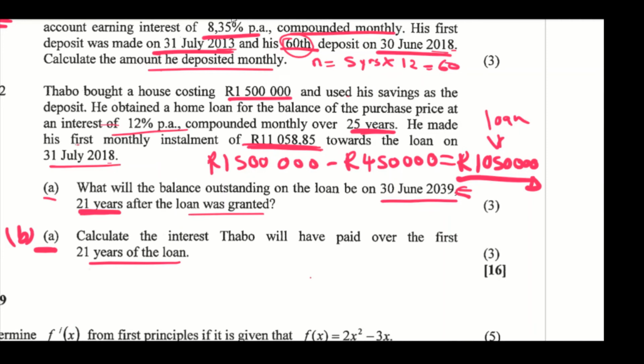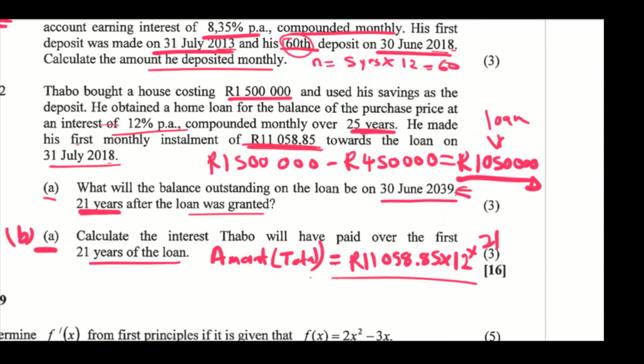So what we need to note is that the total amount paid of the loan is, he paid 11,058 rand 0.85, right? This was monthly, so it's times 12 and also times 21 years. So this is what happened.